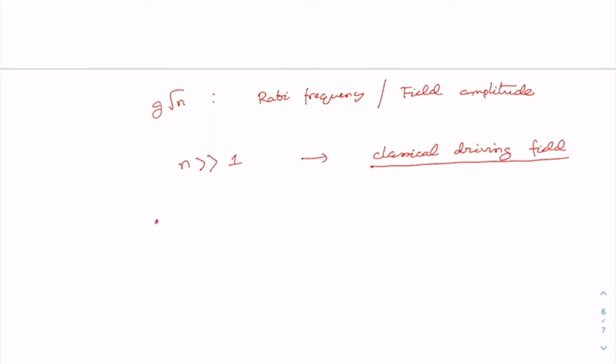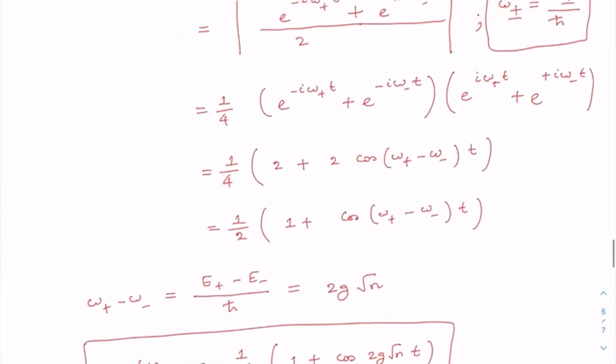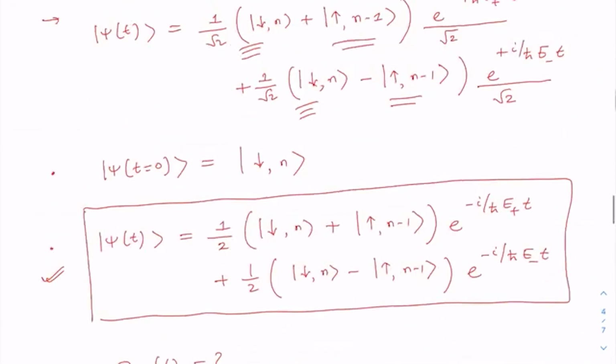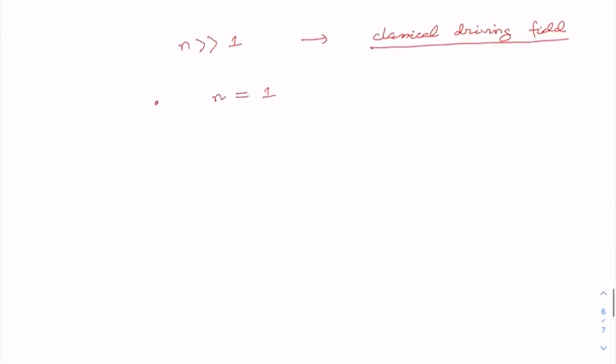In the extreme case, say when n is equal to 1, that means you have only one photon in the field mode, then in that case, as you see from these expressions here, we are going to have two states. Either the atom in the ground state and one photon in the field mode, or the atom in the excited state and no photon in the field mode.